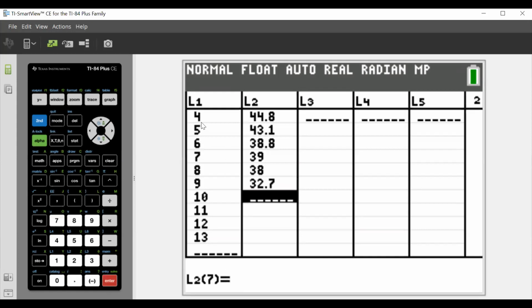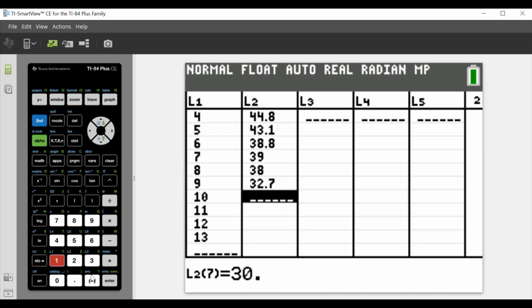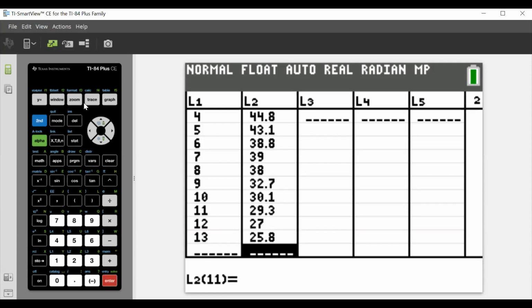Now notice, as this one's going up, this one's going down, so this is probably going to be a negative relationship. So that's kind of a thing to note when you're working on these things, which way the data are going. And 27 and 25.8. All right, so hopefully we have the right data.